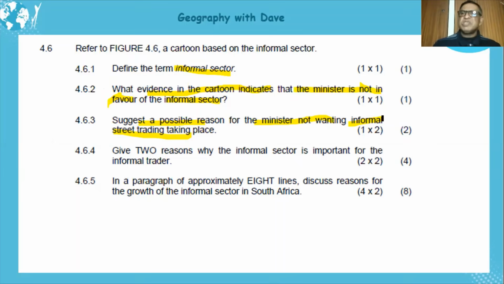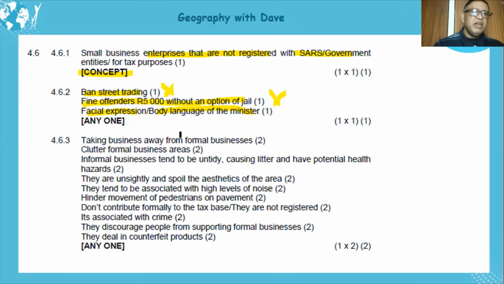All those things that you've discussed in class. Let's look at this now. They give us here: taking business away from the formal businesses because they are cheaper. Clutter formal business areas. You understand, it doesn't look attractive for the formal business because they're all around the area. It gives a bad impression of the area.